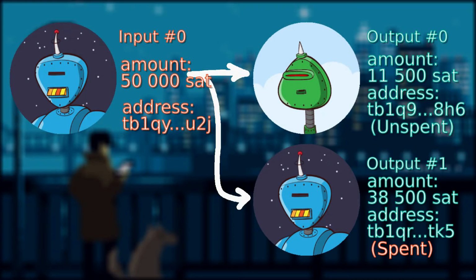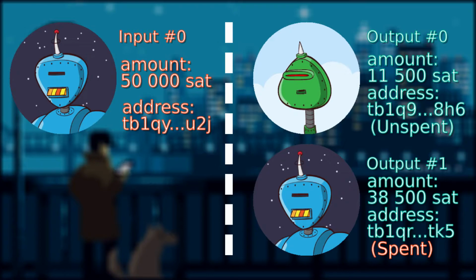Just one more thing, I'll be replacing this arrow notation with this dotted line, since we already understand that the flow of funds is from the input to the output.